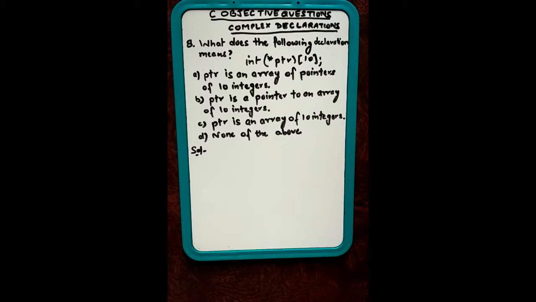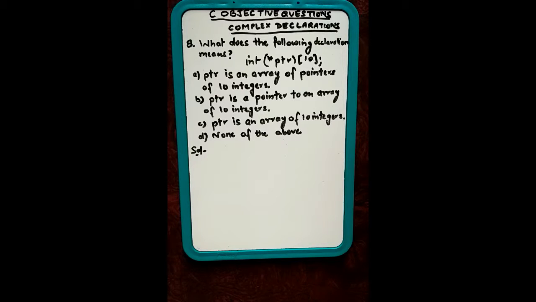The question which I am covering here is the 8th question of my video series, and it asks which of the following options is correct. What does the following declaration mean?